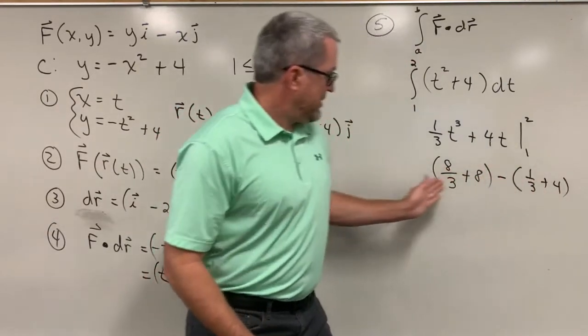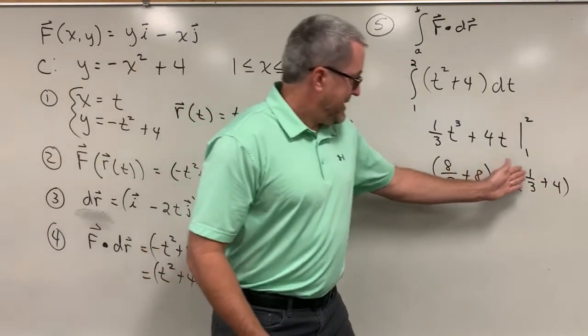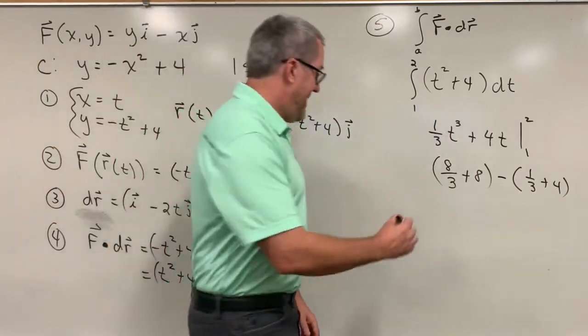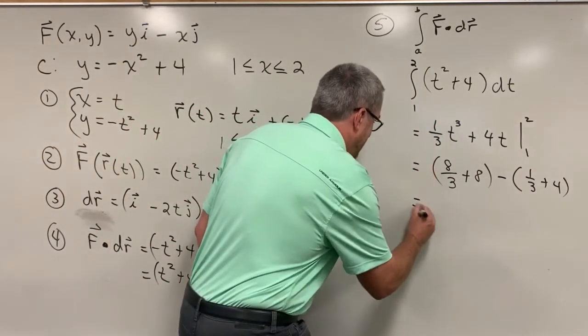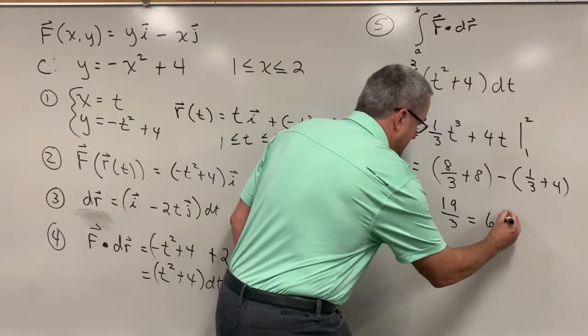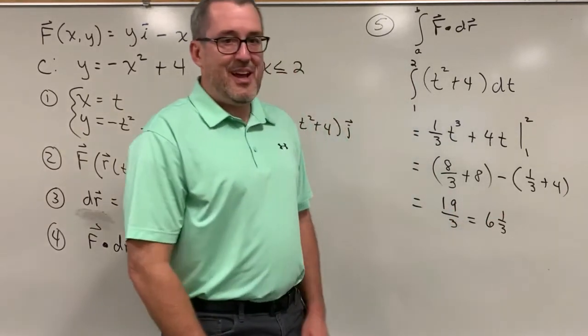So all told here, we have 8/3 plus 8 minus 1/3 plus 4. Grab a calculator if you need to and compute all that. But all of this comes down to 19/3 or 6 1/3 if you like.